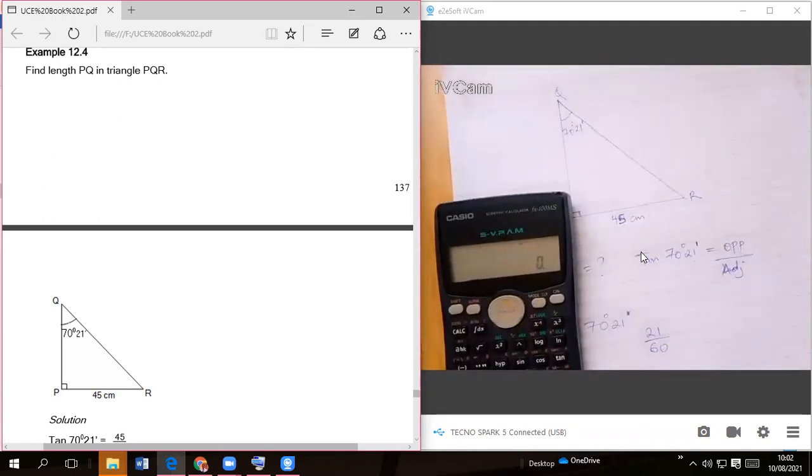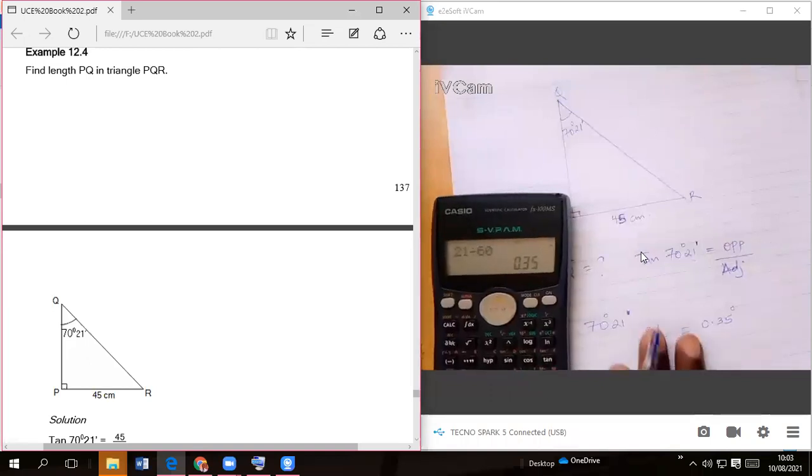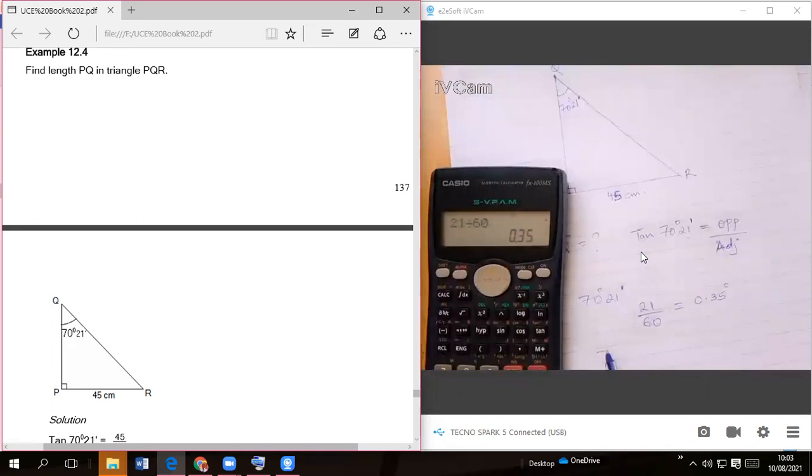So 21 divided by 60, we get 0.35. Now 0.35 changes to degrees, such that our angle becomes 70 degrees plus 0.35 degrees. From there, we get our answer, which is 70.35 degrees.